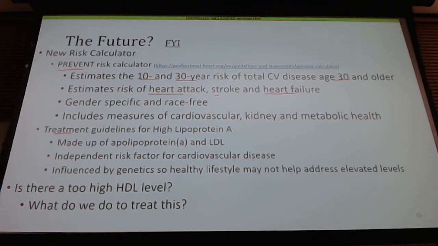So these folks need to be a little more aggressive and start treatment sooner. And unfortunately, we don't have a medication yet that attacks the lipoprotein A directly. So we're stuck with statin therapies.